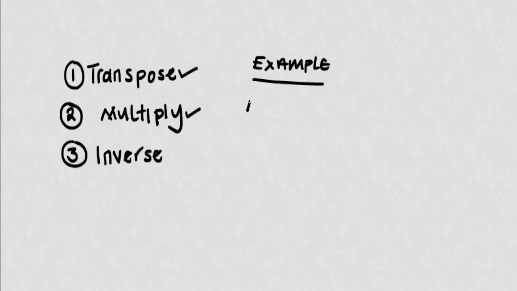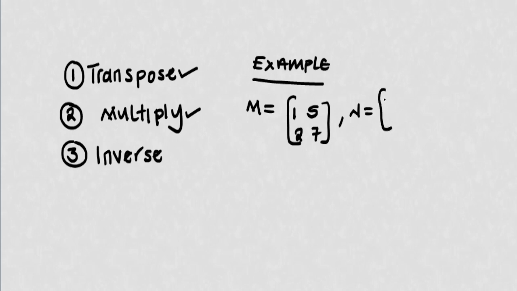Matrix M is given by 1, 5, 2, 7. Then we also have matrix N, which is 0, 1, then 2, 0. So that is matrix N.